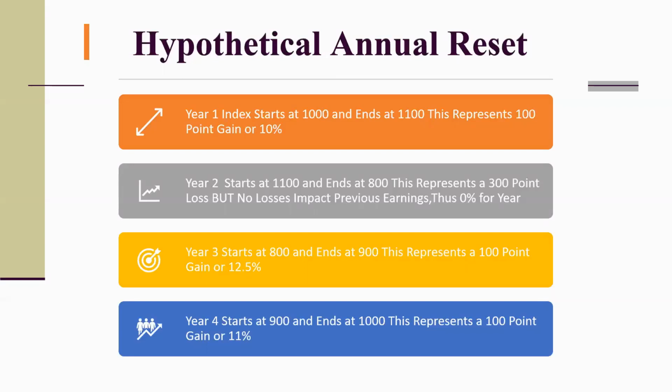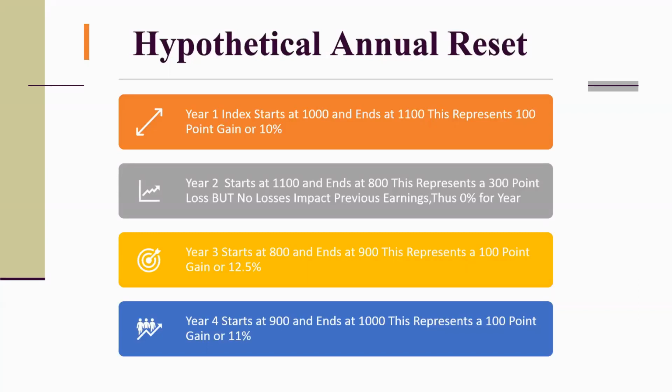So now your starting value is 800, and you enjoy a growth to 900. That represents a gain of 12.5% in your contract. So you enjoy another interest credit that year. And then finally, in year 4, your starting value is, again, the ending value for the previous year, and you enjoy a growth of 100 points, so that represents an 11% gain.